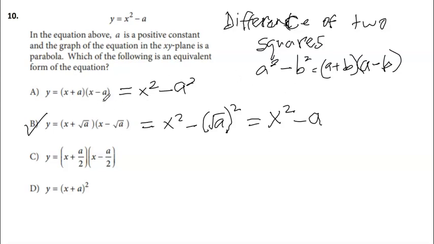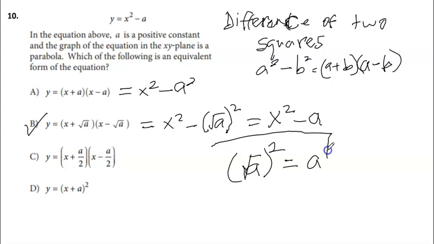And they are fond of throwing in the square root, but know that if you square a square root, it just releases the square root. So this is a, right? So this is also true.